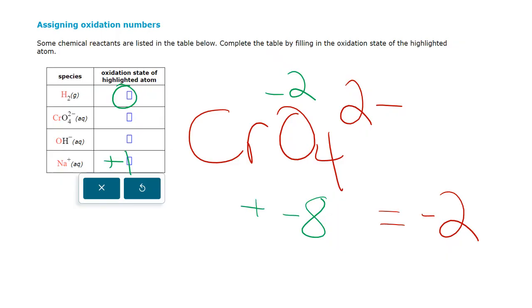And if we added up those in the compound, what would chromium have to be to make it a -2? Then it's a +6. And therefore, all those elements would add up to a -2.